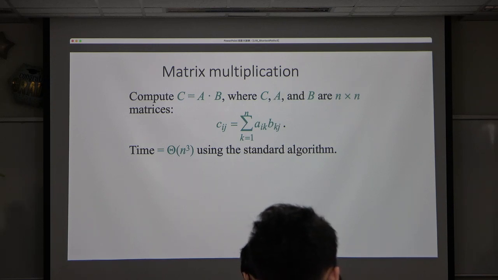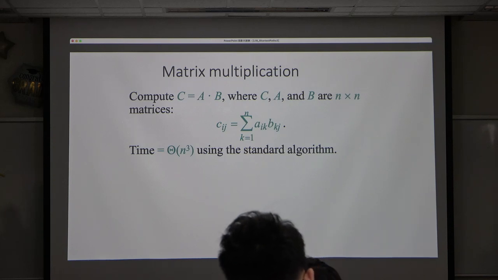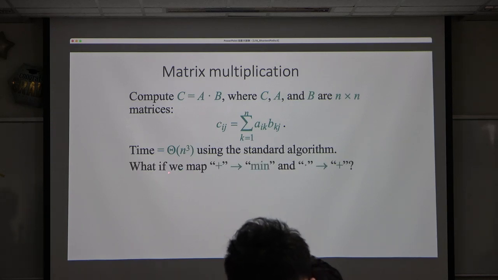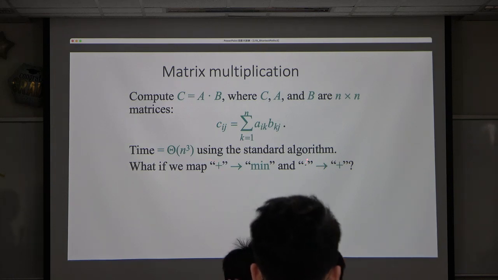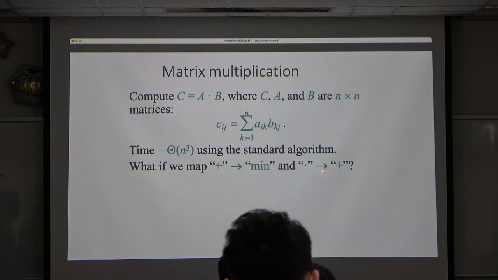Obviously, we previously talked about a divide and conquer approach, right? You could try to reduce this complexity from n cubed down a little bit, but if you use the standard algorithm, it's n cubed. So what if we map the plus to min and the times to plus?